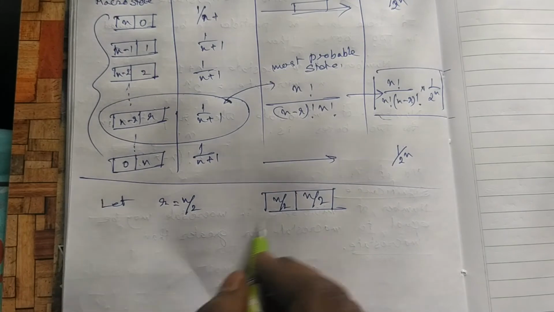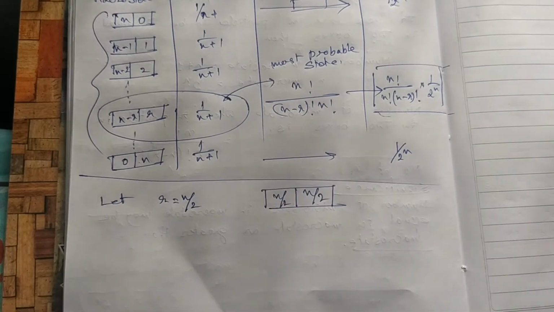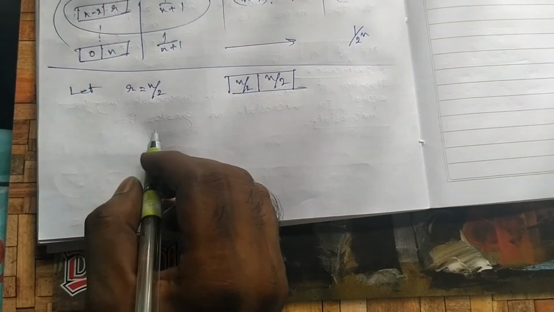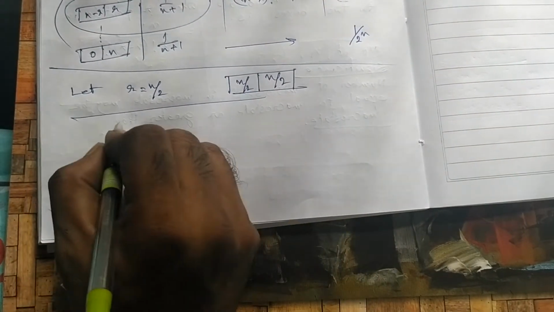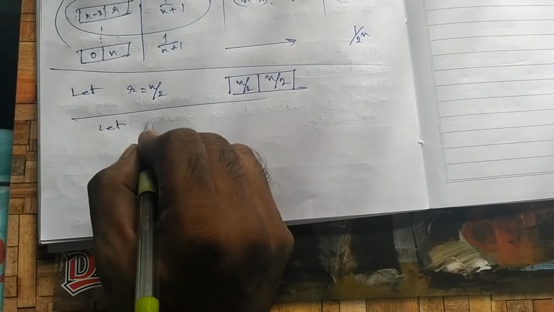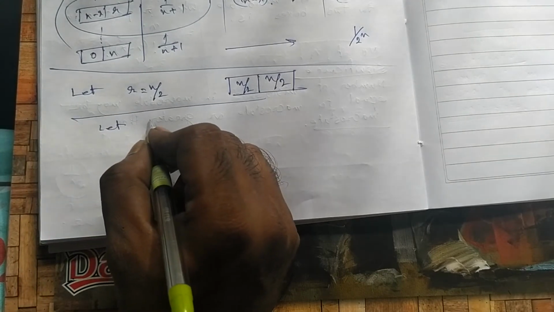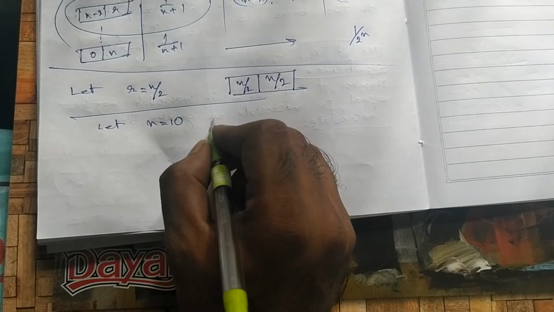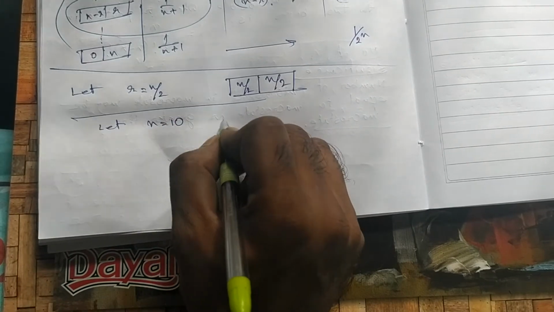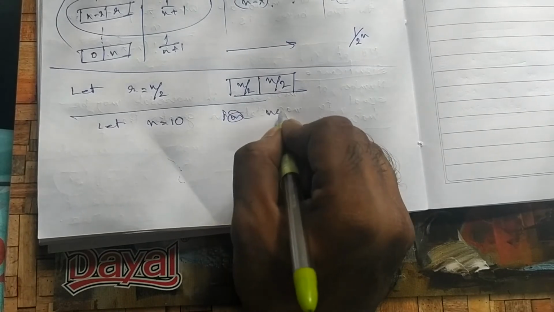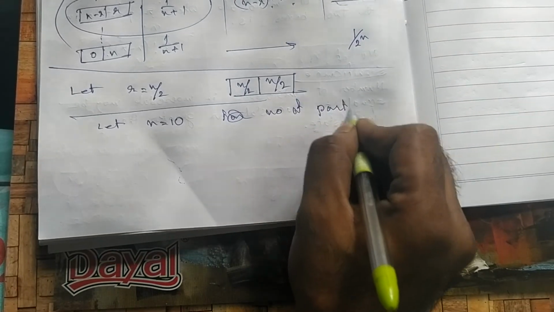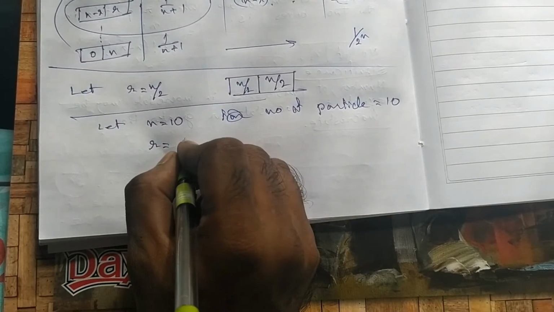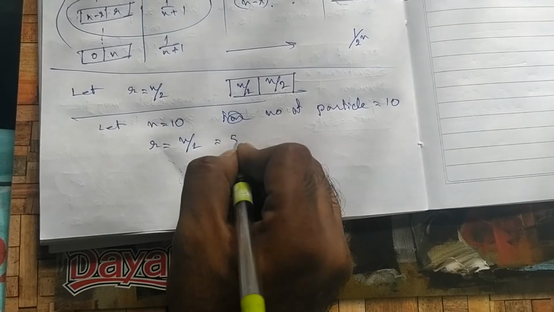We try to find the probability in that case. For example, let n equal to 10 particles. So the number of particles is 10, and r is equal to n by 2, that means 5.